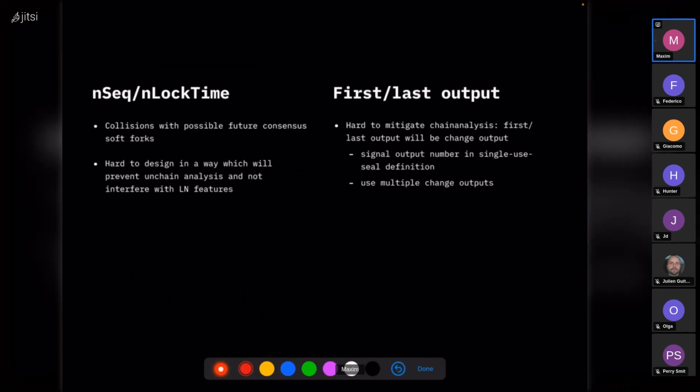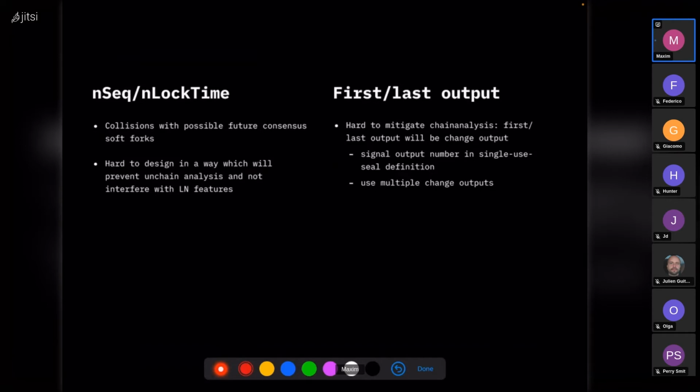If we reuse nSequence and nLockTime to point to the output that contains the commitment, first of all, it can collide with possible future consensus forks assigning different meaning to those bits. And it's quite hard to design it in a way that prevents chain analysis and does not interfere with the way it is used in Lightning Network and so on.